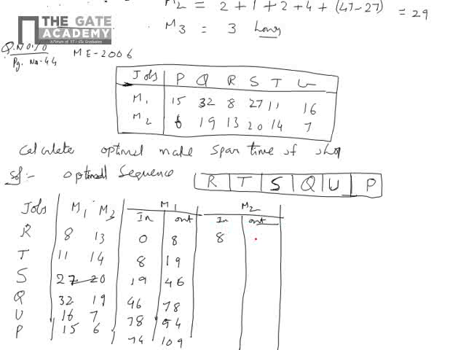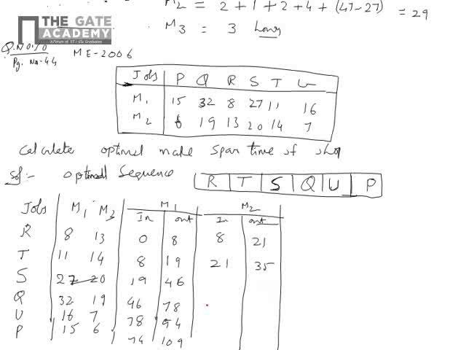Next, machine 2 starts at 8, and 8 plus 13 is 21. 21 plus 14 is 35. 35 plus 20 is 55. But here you need to be careful. If we kept 35 here, it is wrong, because the job is not over on machine 1 by then, so we need to wait.